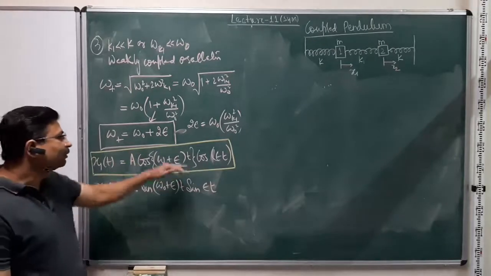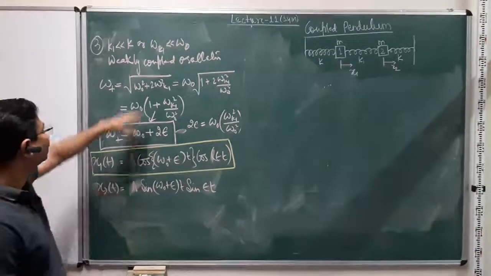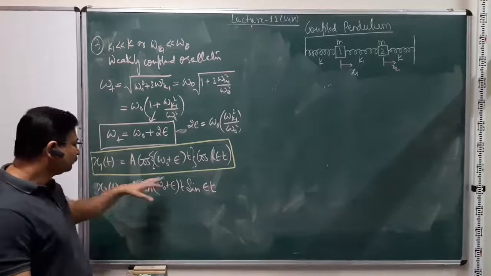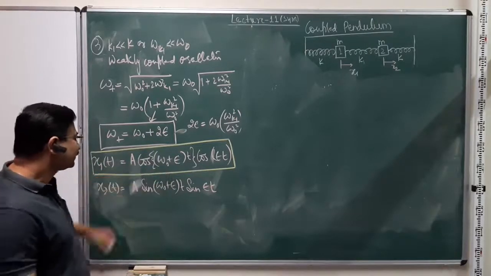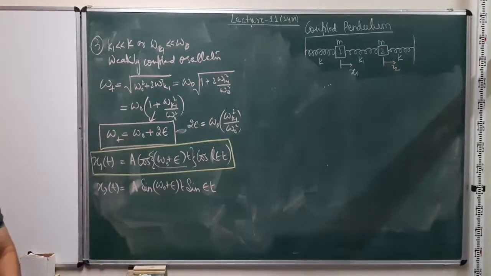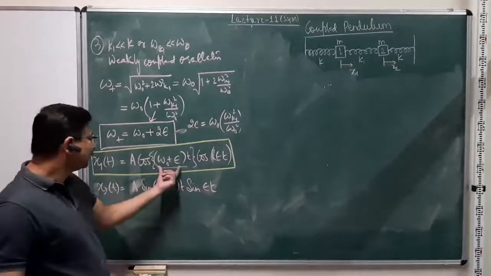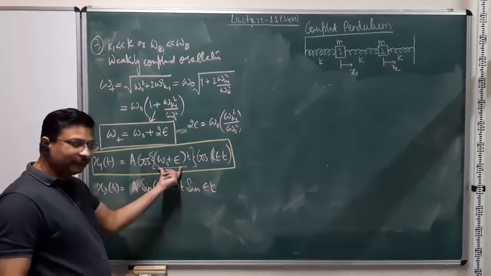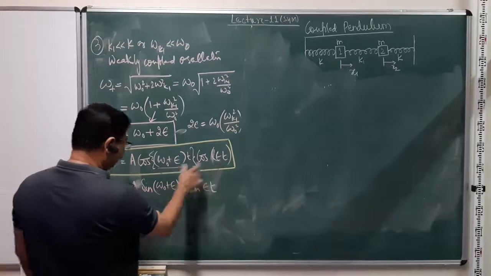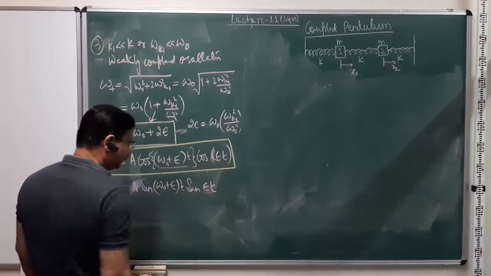Now, of course, if ε is very much smaller, which is established here, for which this solution is valid, then we have oscillations which have very different time scales, right? One is the time scale governed by ω₀ basically. Another one is this one. This is much faster compared to this one. This is a much slower oscillation.